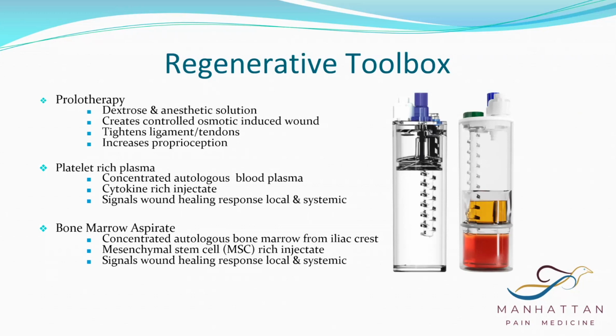One of the big draws of prolotherapy for the hypermobility patient population is that it tends to have the highest rate and ability to tighten ligaments and tendons. And in patients, especially with subluxations and dislocations, it becomes a very important tool to help during the process of healing.